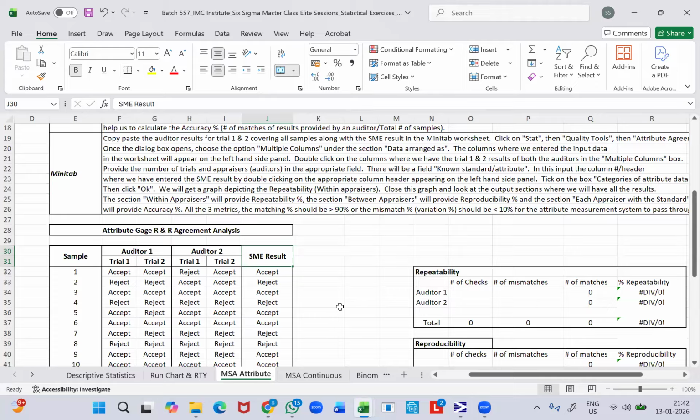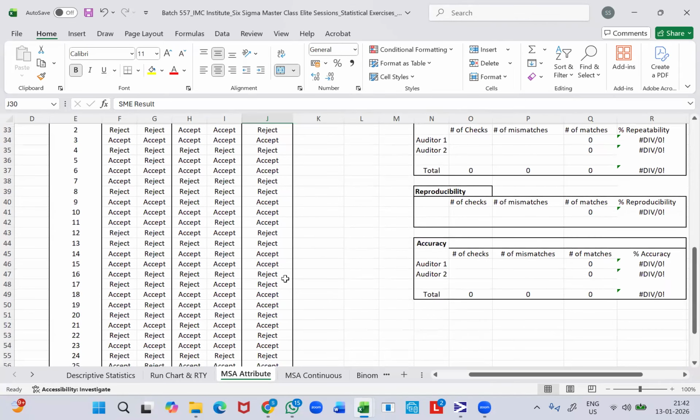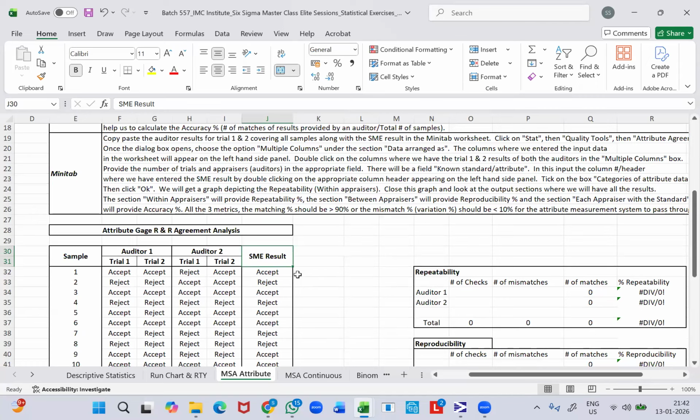Similarly, in this exercise, we need to have a true value or a reference value which needs to be trusted. And for that, I'm going to collate the SME result, or the subject matter expert result, for all these 30 sample units, right? So the SME will also independently perform the inspection exercise covering all these 30 samples and will provide the results.